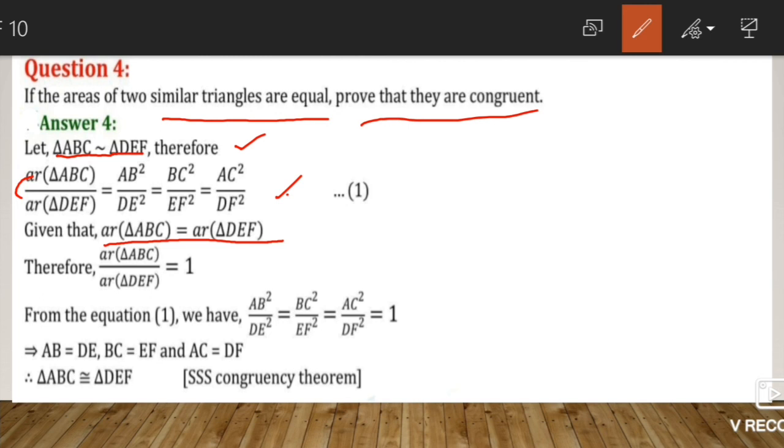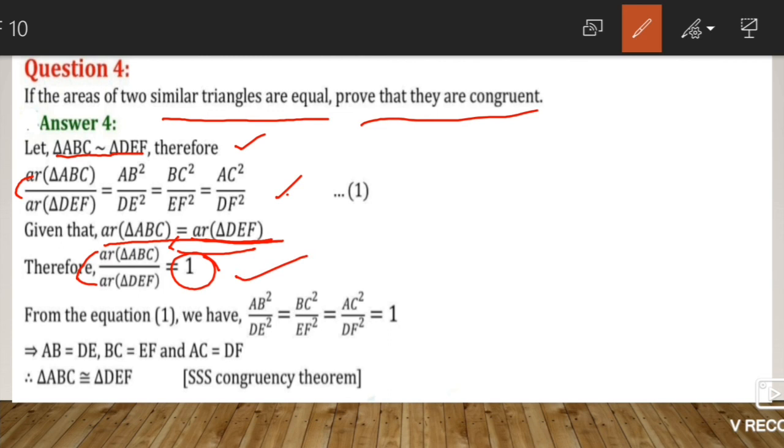It is given. That means if you take this area of DEF to the left hand side, then you will get area of ABC by area of DEF is equal to 1.